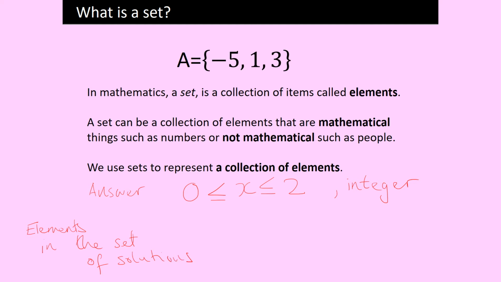Well, we have got 0, we've got 1, and we've got 2. So our solution set is equal to 0, 1, 2.